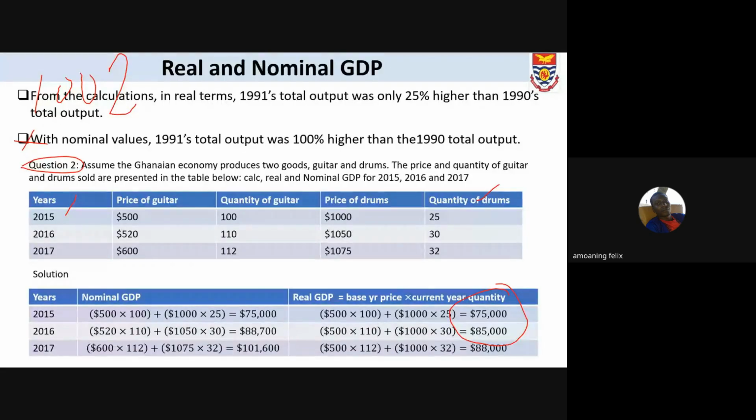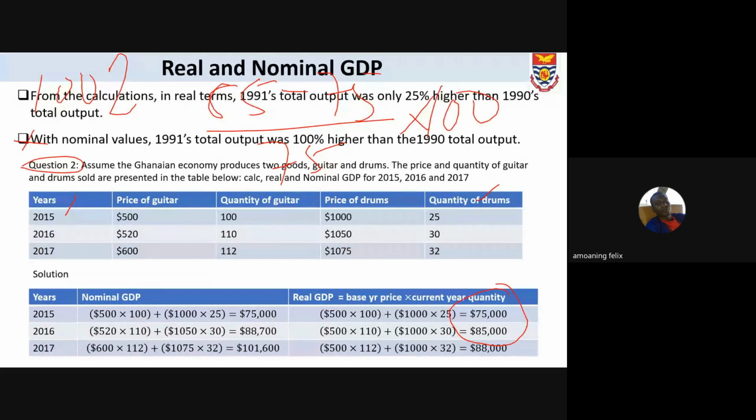And I told you that when you are calculating the growth rate, you look at the changes. So you look at the current year. Which one would you think would be the current year? From 2015 to 2016, the current year real GDP is 85, minus the previous year 75, divided by the previous year 75, times 100.